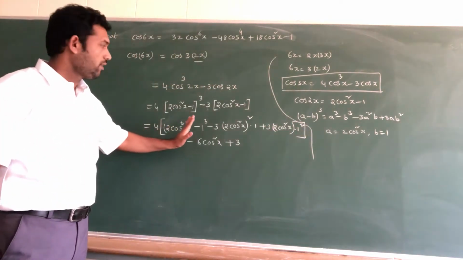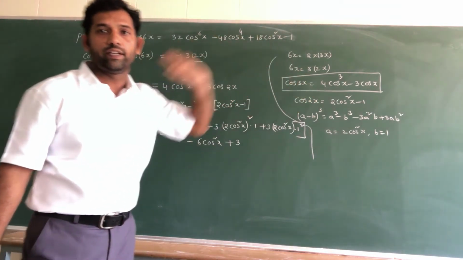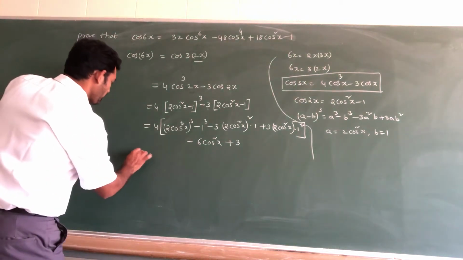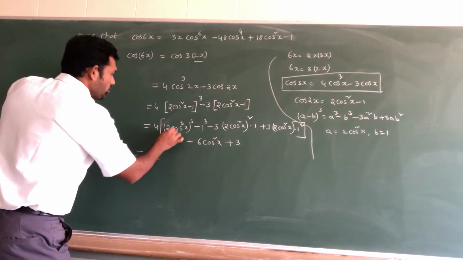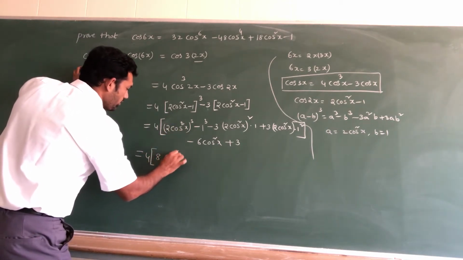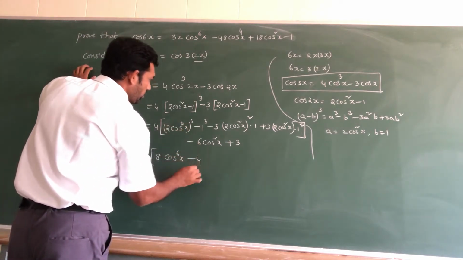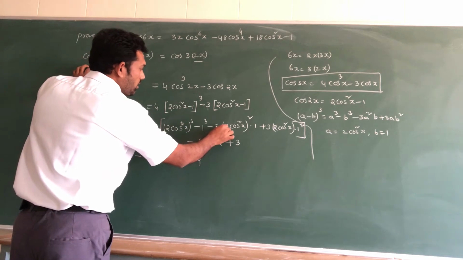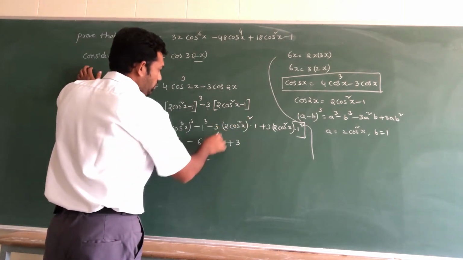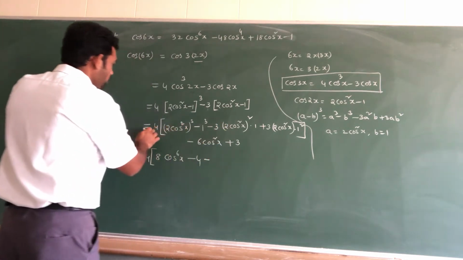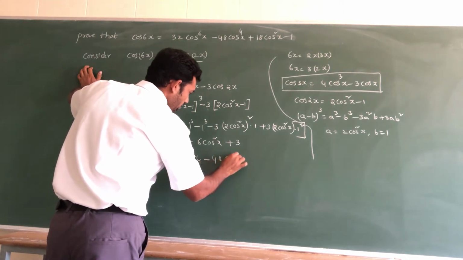Whatever formulas we used, beside was written. Understand? Next, 4 of 2 cube, 8. So this is cos^6 x. Next, 4 is multiplied, minus 4. Next, minus 2 square 4. So 4 into 3 is 12, 12 into 4 is 48 cos^4 x.